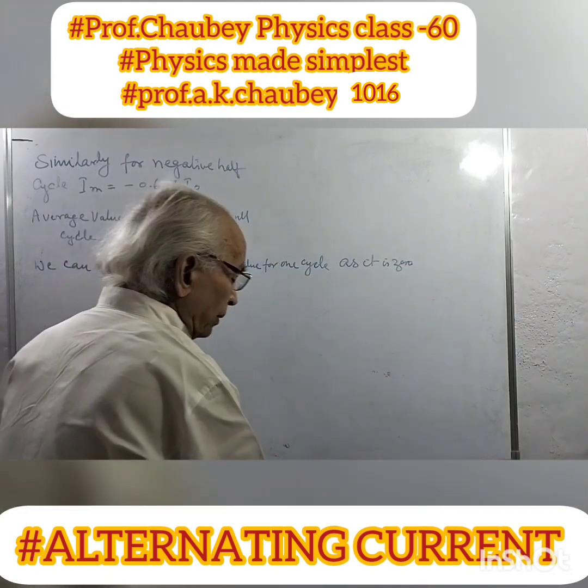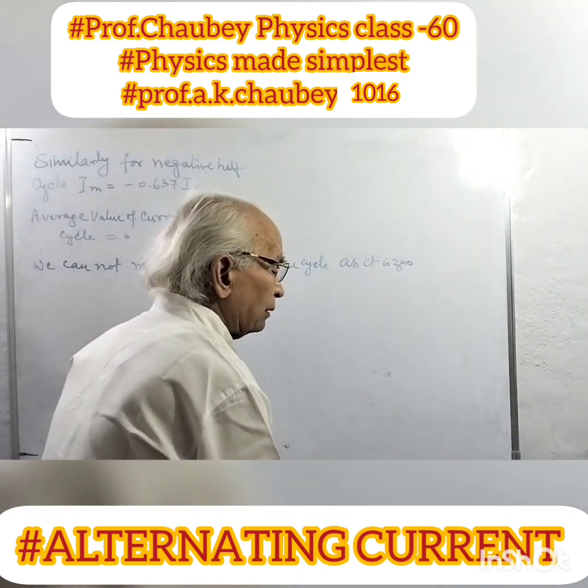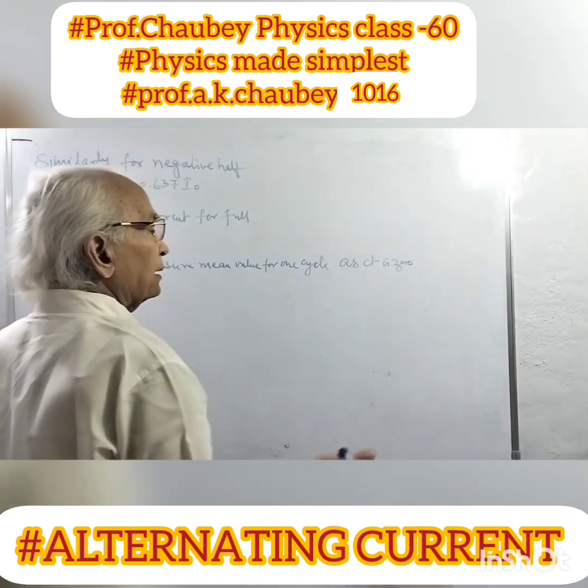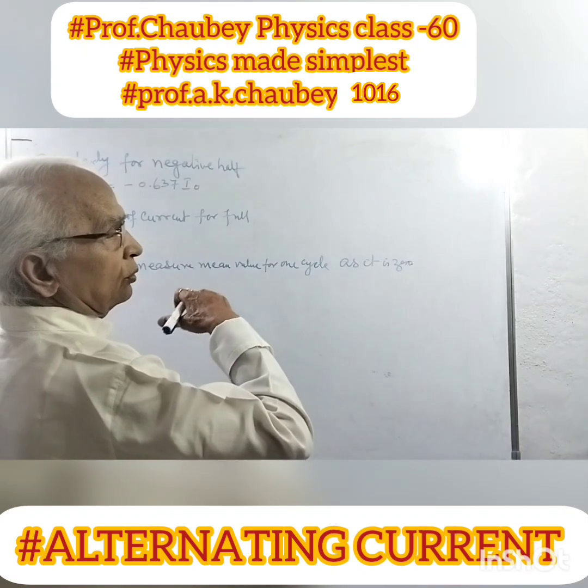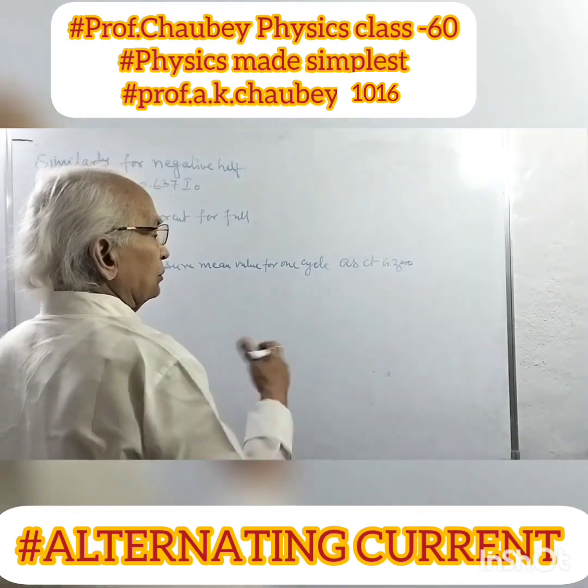So current is not measured using an ammeter over the full cycle, as this becomes 0. For half a cycle the pointer goes positive, for the other half negative, so it is 0.